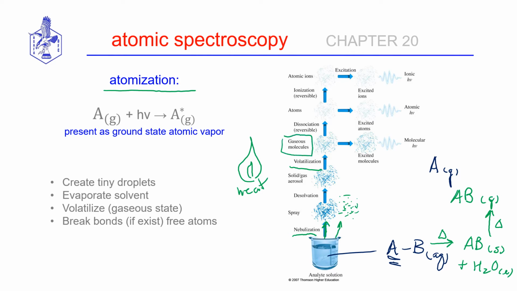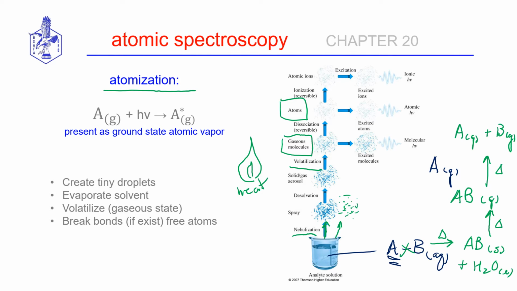The next step, if I provide further energy, is to break the chemical bond between those two species. If I break the bond, I should free the atoms. Okay, so at this stage, I now have atoms. And once again, this is going to require heat, energy, and a lot of it to break those bonds.